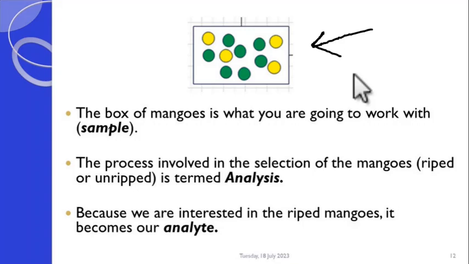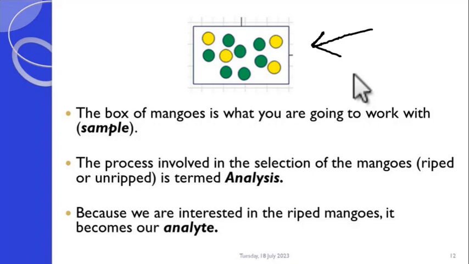Once we consider these colors in the box, we are saying that all of them together becomes our sample. The process in which we will go through in the selection of the mangoes, that is the ripe one from the unripe ones, is what we termed as analysis.